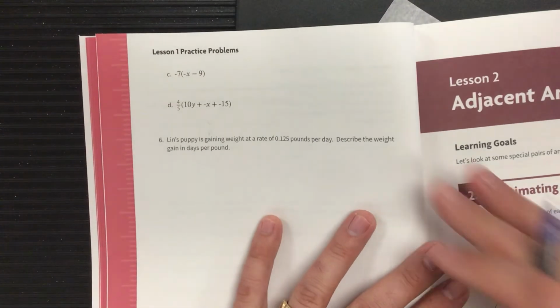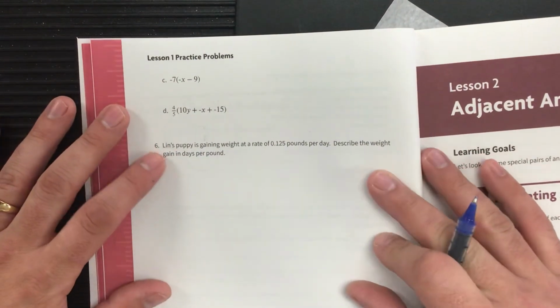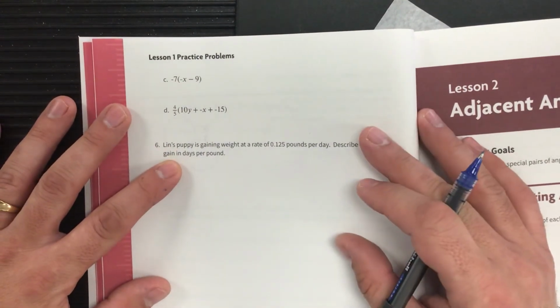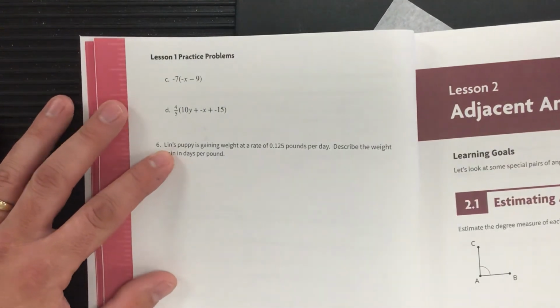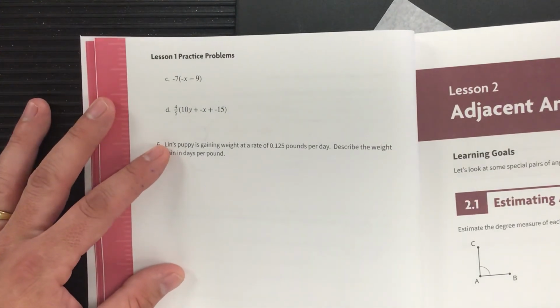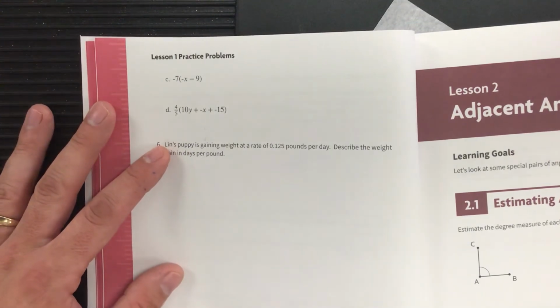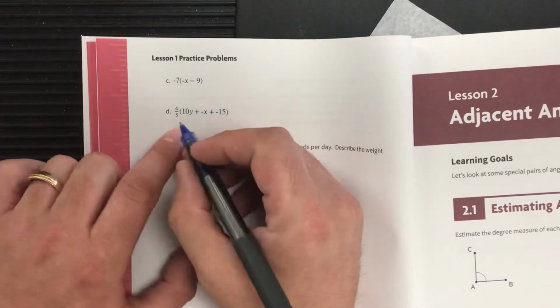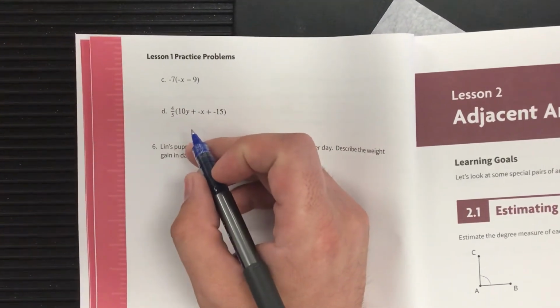Had this on your quiz. Had this on your test. How do we do distributive property? Leerud, what do we got to do? Remember? Negative 15. What do we do when there's a number outside the parentheses?